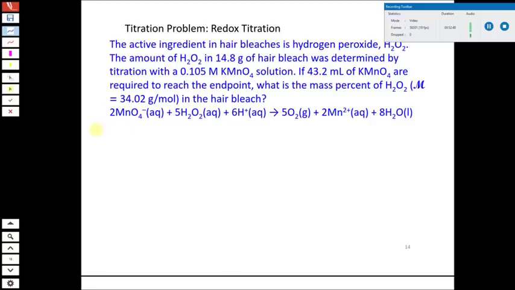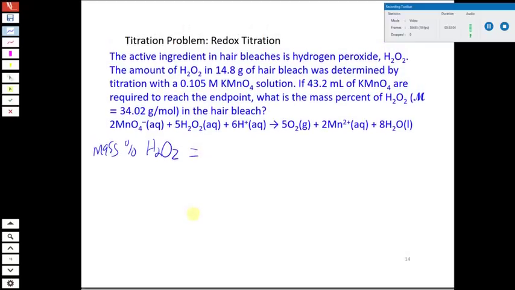We have to figure out what we're looking for, which is mass percent of hydrogen peroxide. And we haven't dealt with mass percents of solutions too much, but this is another concentration unit, and we kind of already know the definition of mass percent in other contexts.